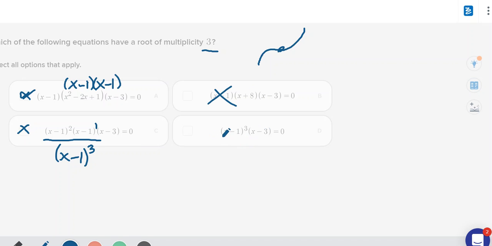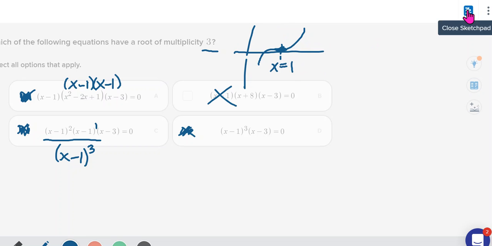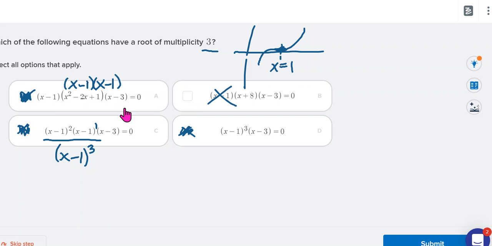Ooh, this one, yes. So it's these 3, and if I were to graph them, I would see this flattened part at the root of x equals 1.